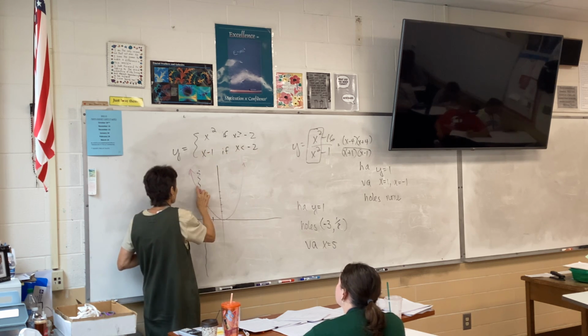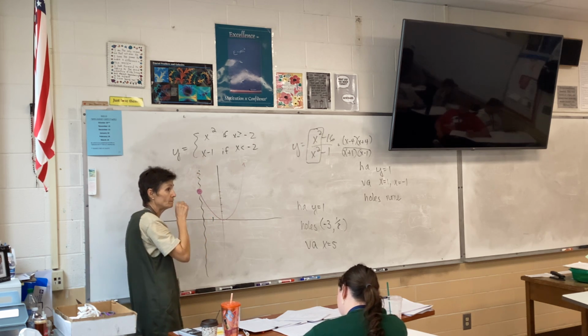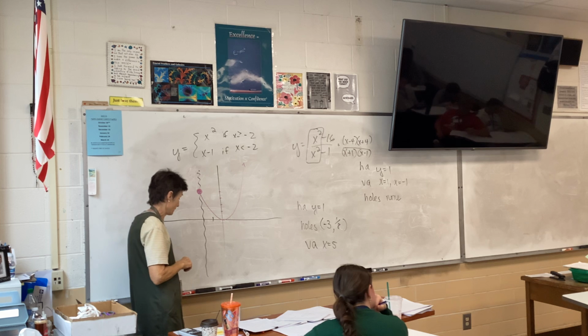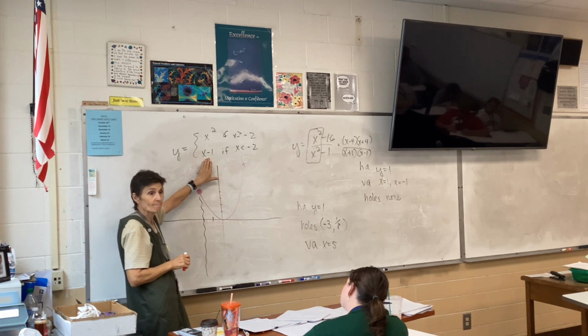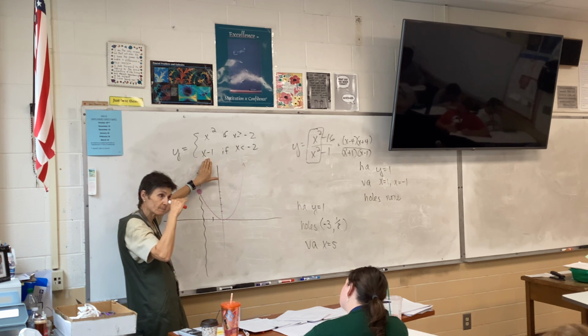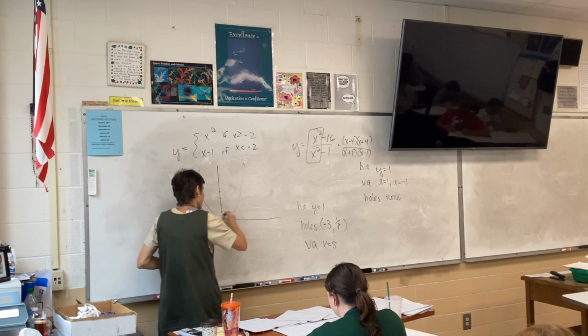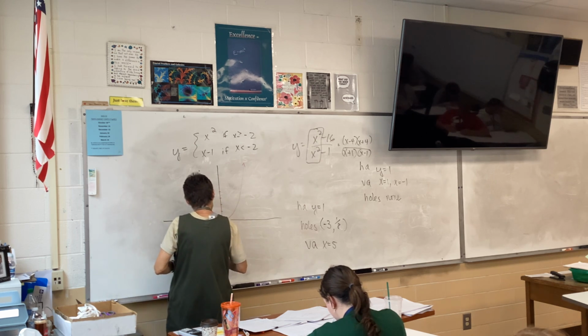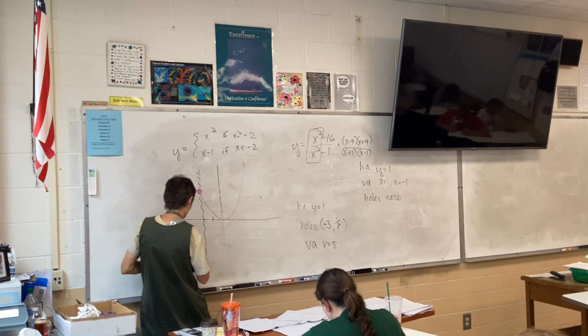I'm gonna keep that, so get rid of this. What's this? A line dropped down 1. So instead of being that diagonal through the origin, now it's diagonal down here, like this.